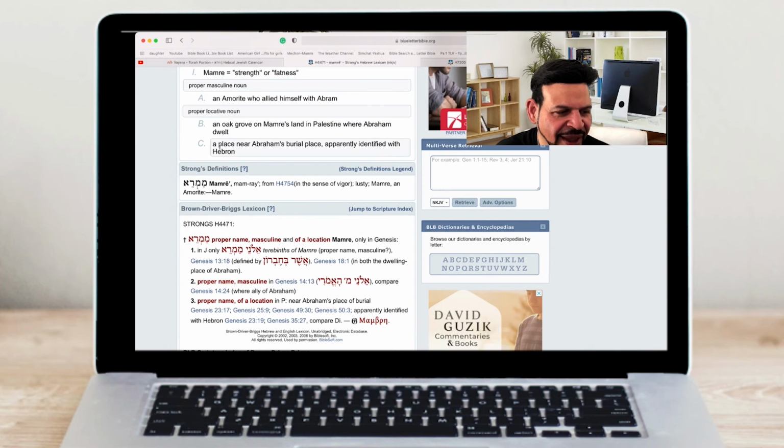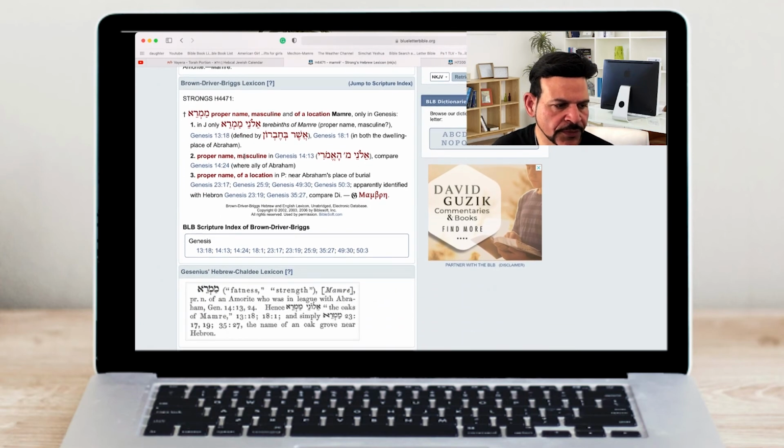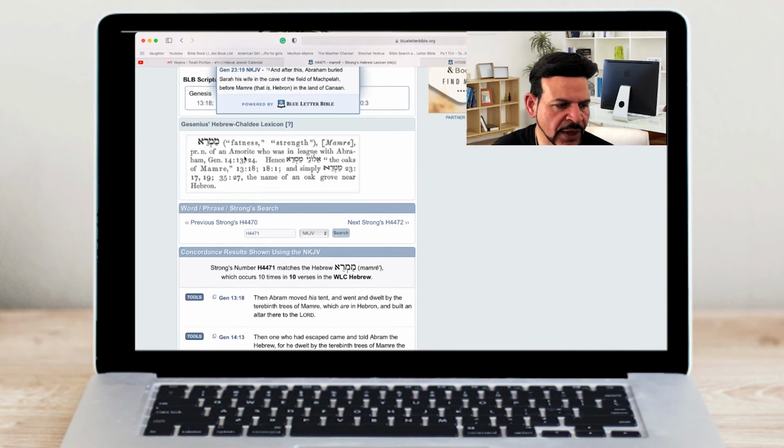And then a place near Abraham's burial place, apparently identified with Hebron or Havron. So we see that it's a location because it's the location of a person, and it was given to Abram in covenant as they were friends or allies, covenant friends. It's a good thing that we can have covenant friends in our life.